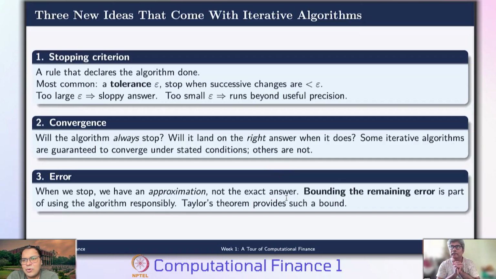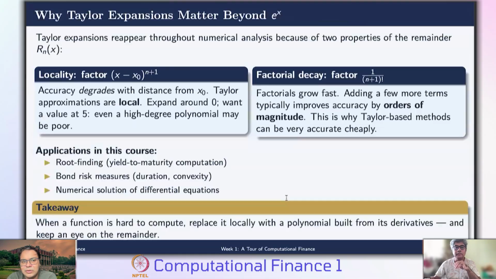Right. So I think the point in this segment was, although we started out by talking about e to the power x, the idea is to link it to these important concepts in algorithms. Is there some final lesson to take away from this e to the power x story and algorithms? Absolutely. The first thing is, when a function is hard to compute, replace it with some polynomial expansion.